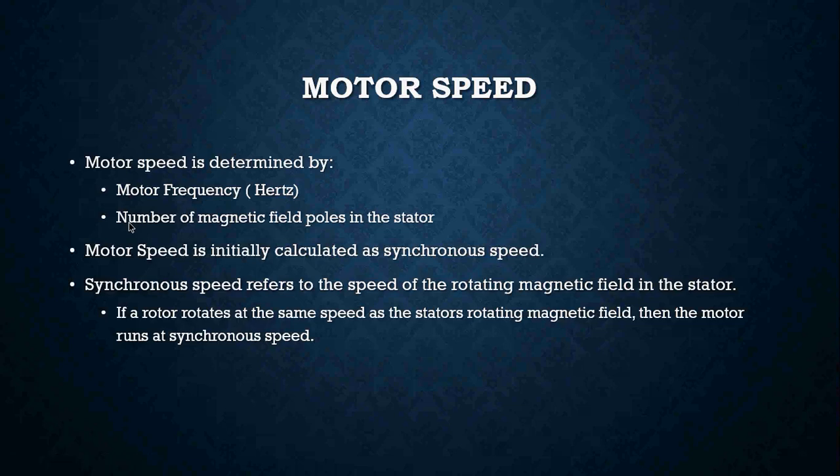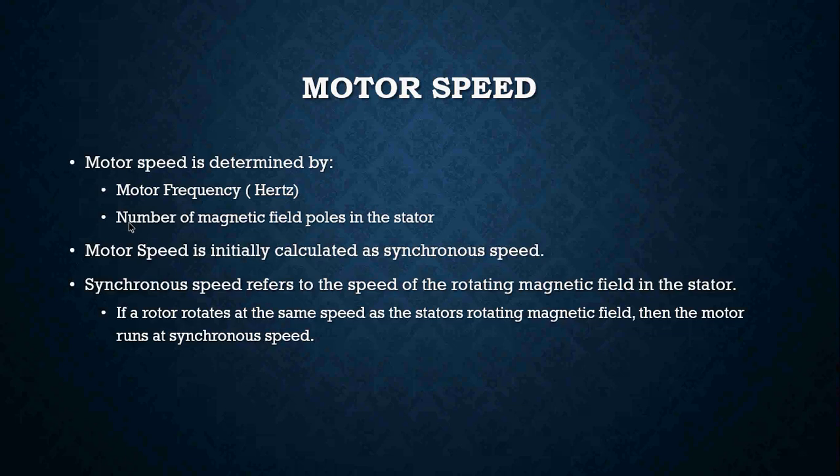Another thing that we need to get into is motor speed. Motor speed is determined by the frequency the motor is operating at and the number of magnetic field poles on the stator. Okay, motor speed is initially calculated as synchronous speed. Synchronous speed refers to the speed of the rotating magnetic field in the stator.